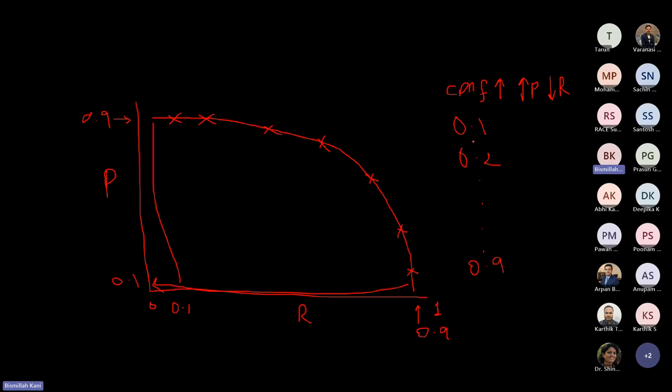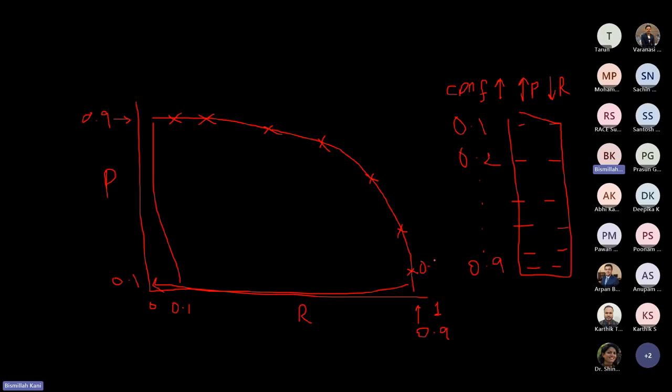You set the confidence value in different ranges from 0.1 up to 0.9, then calculate precision and recall for each confidence value. Then you take this table and plot the curve.